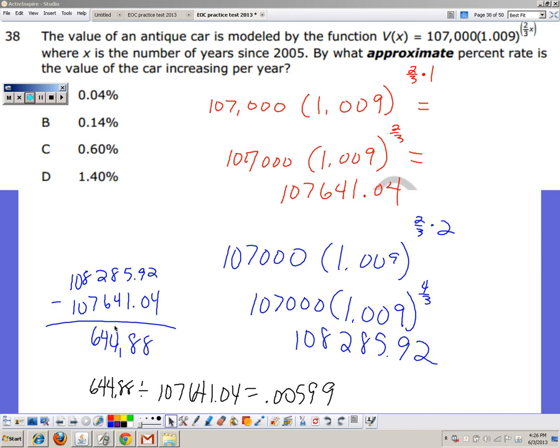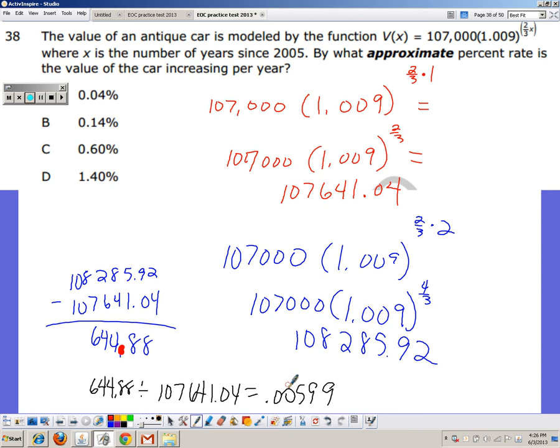So I subtract the 2, it gets $644.88. And that should be a point there. Okay. To find my percent, I'm going to take my first answer, 107,641.04, and divide it into the difference.